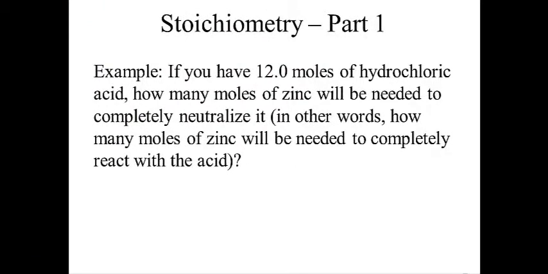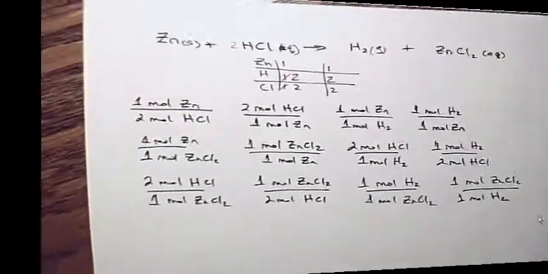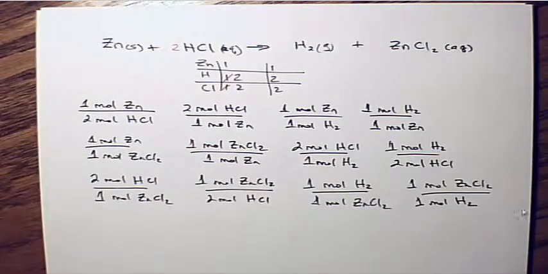I want to show you how to solve it. Using 1 of these, of the choice of 12 molar ratios, we're going to choose the one that's going to solve this problem. So if we have 12 moles of, what was it, zinc? Okay. What's our starting amount?